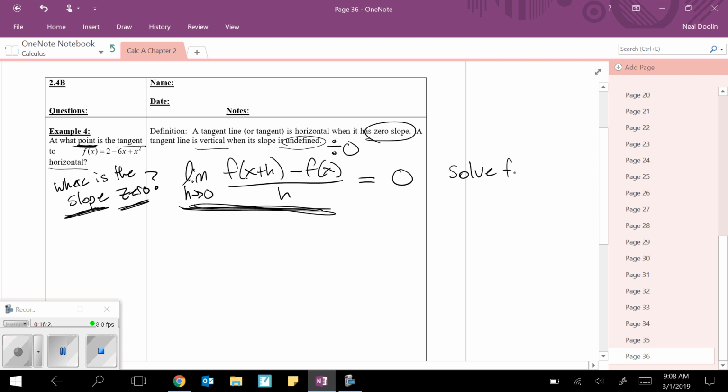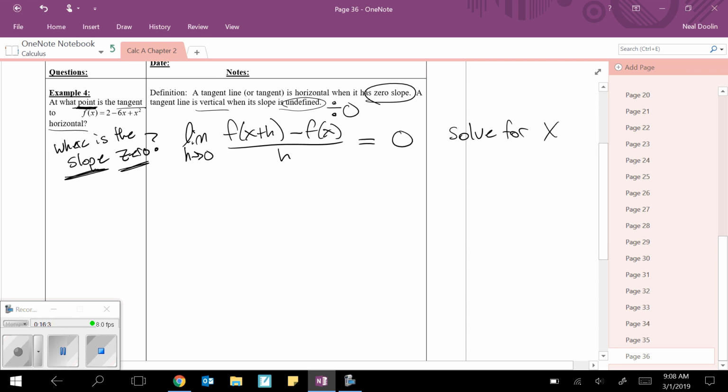Strap in, fasten your seatbelt. This one's a little bit different. Since we don't have the number, when we're evaluating this, you're literally just going to have to plug in x plus h into all the x's in the function. So we've got 2 minus 6. Now, normally it'd be 6x, but in our first one, it's x plus h.